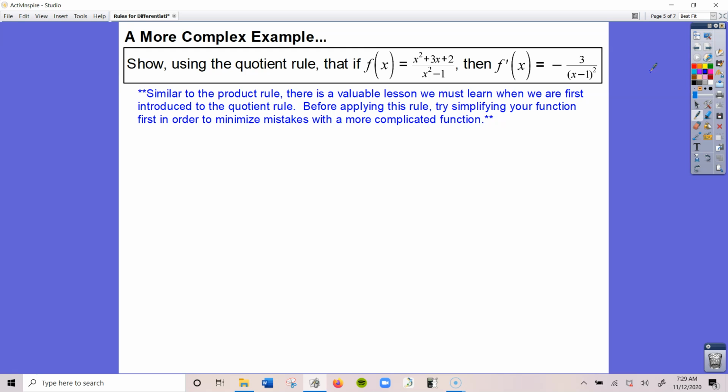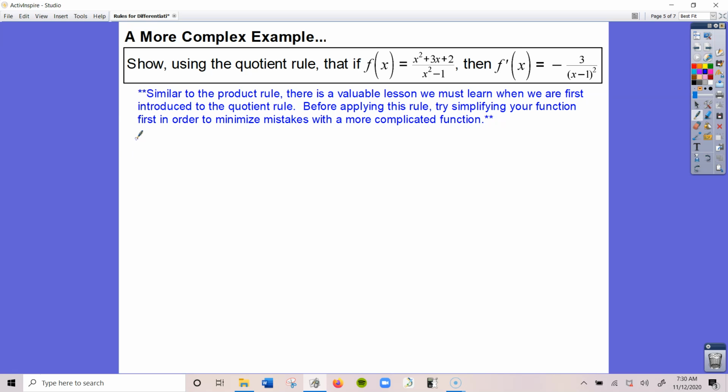But I notice that in the numerator and in the denominator, I have quadratic functions. So what I can do is try to factor them and see if I can simplify that rational function first. And that's because if I can simplify before I use the quotient rule, then as we use the quotient rule, we're less likely to make a mistake because we don't have such a complicated function.